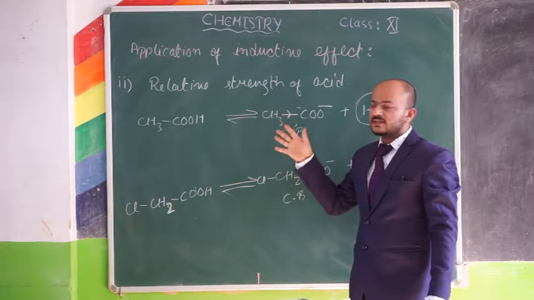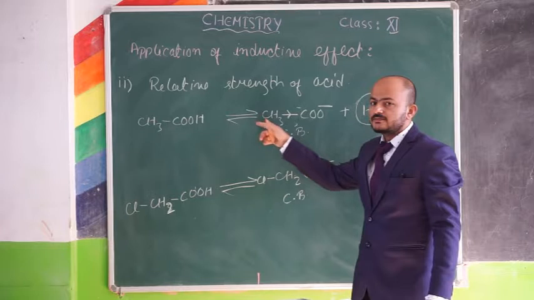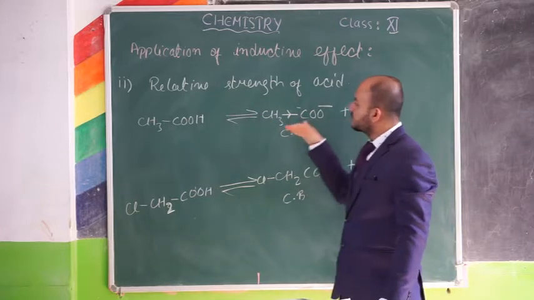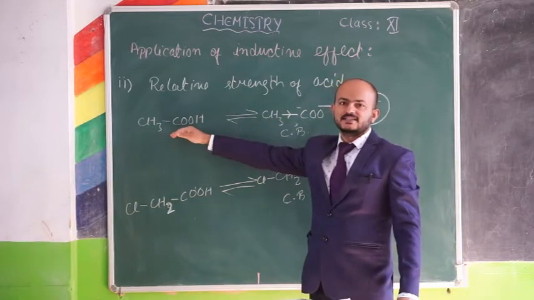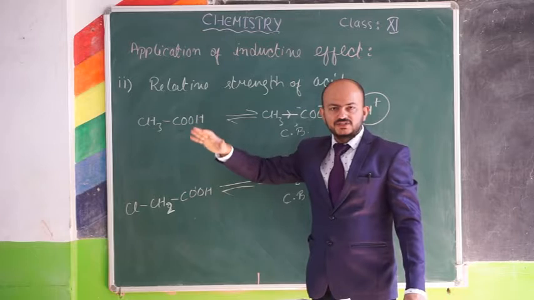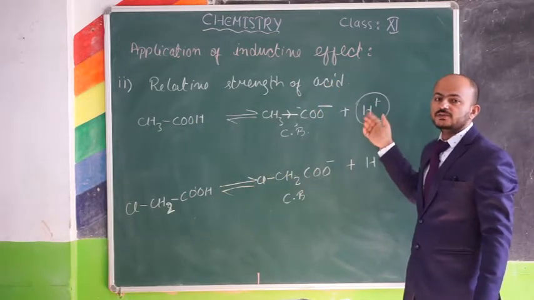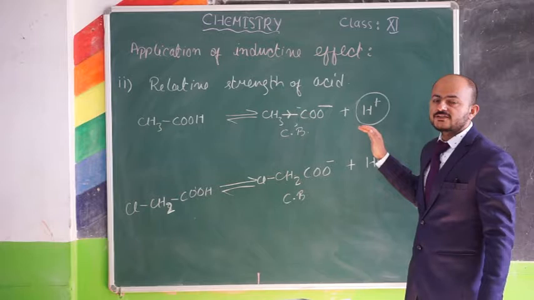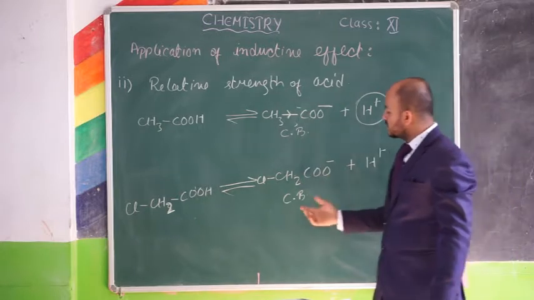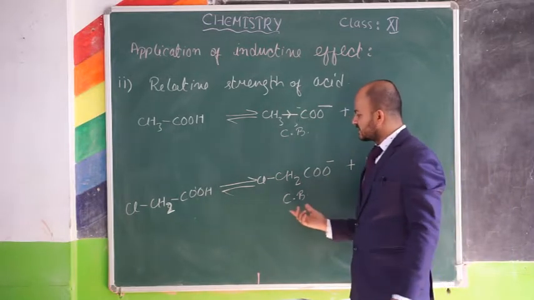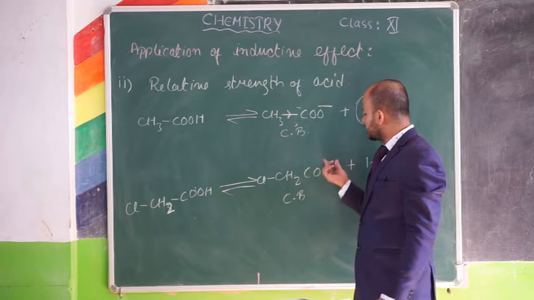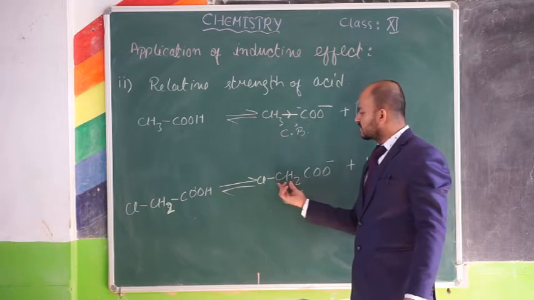If it's not stable, since it's a reversible reaction, these two will combine to give you back acetic acid, which affects the concentration of H plus ion. That means you will have less amount of H plus ion. Now let's come to the conjugate base of chloroacetic acid. Here also some amount of negative charge is present over this carbon.